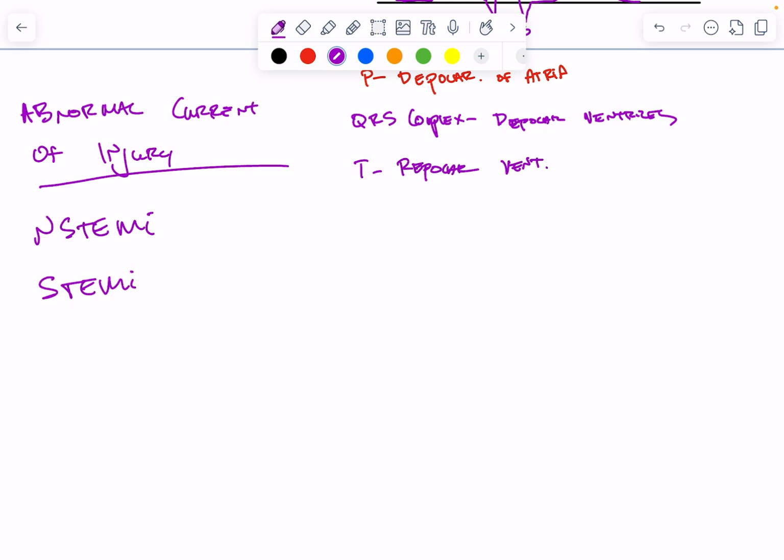And so NSTEMI stands for non-ST-elevation myocardial infarction.